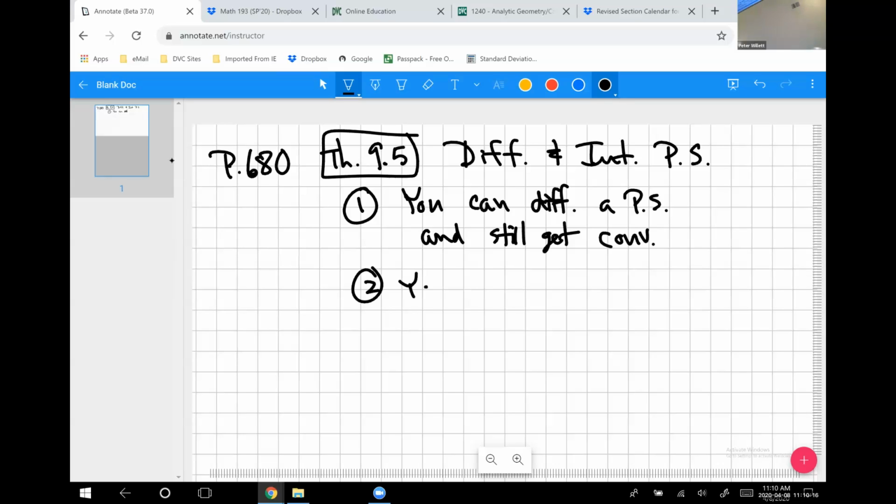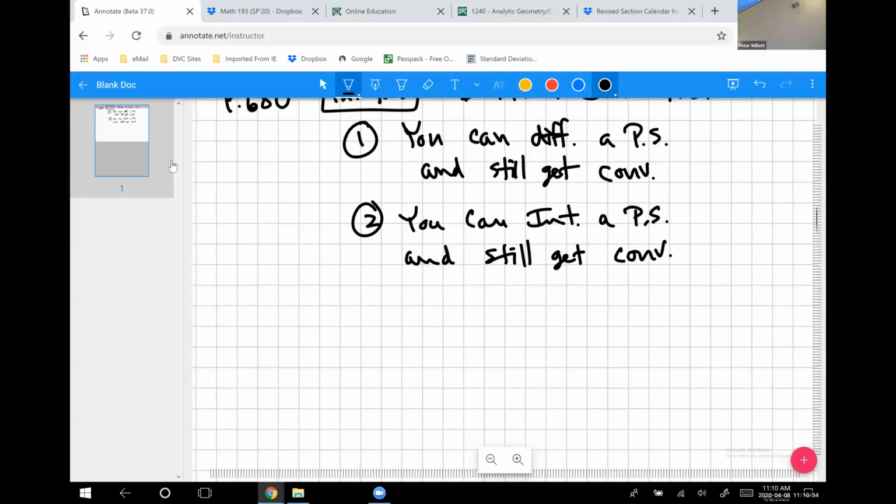And you can integrate a power series and still get convergence. They say this with a bunch of notation, of course. So this time, let's try it the other way. Let's look at an example to see what it's allowing us to do.